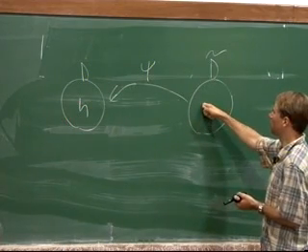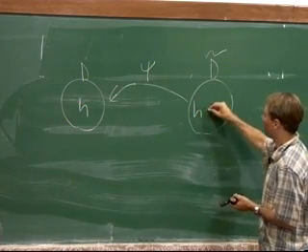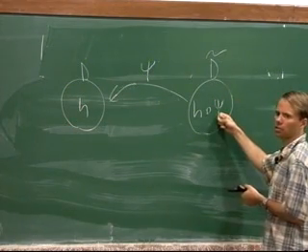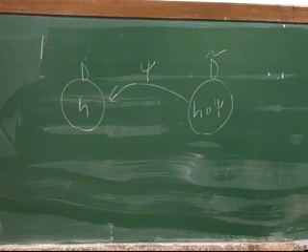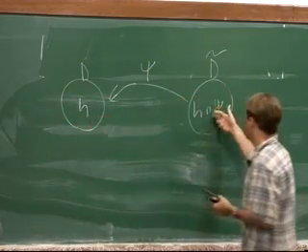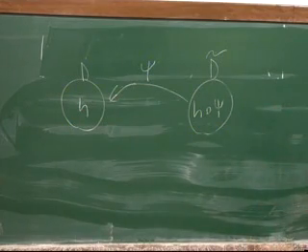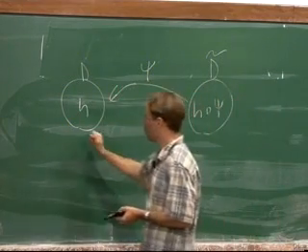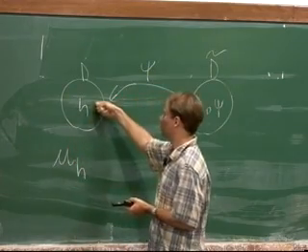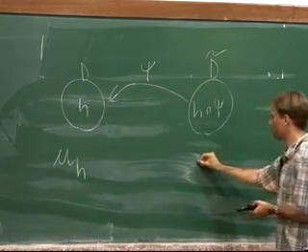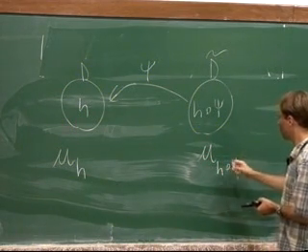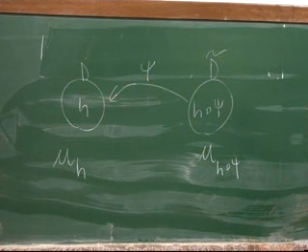That means over here I can take h composed with psi to give me a field over here. Now we know that the law of the Gaussian free field over here is the same as the law of the Gaussian free field over here. Now the question is, if I look at mu sub h as a measure on D, and mu sub h composed psi as a measure over here, how are these guys related?